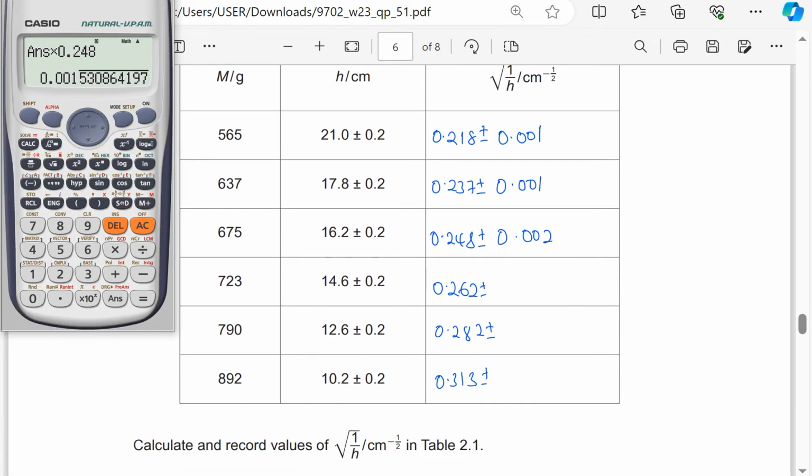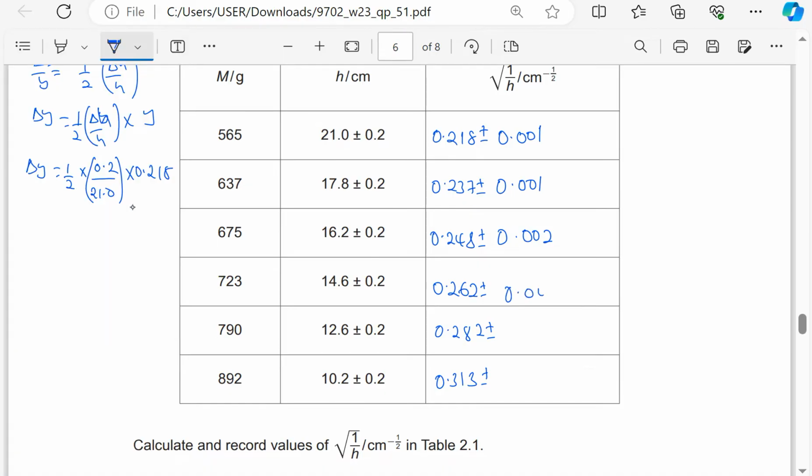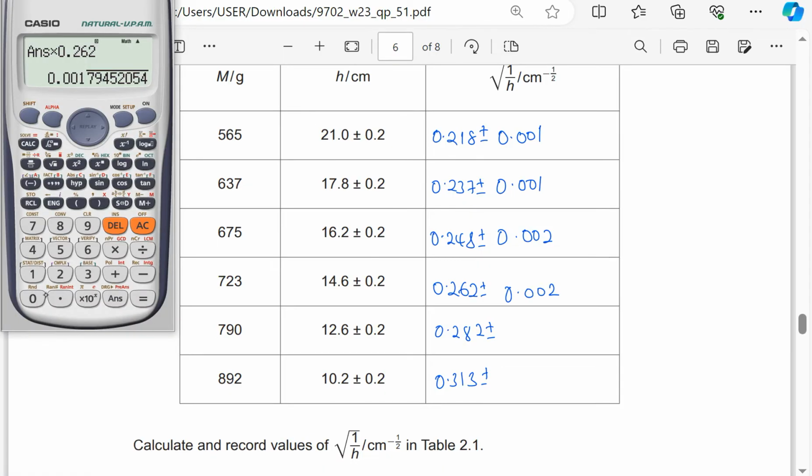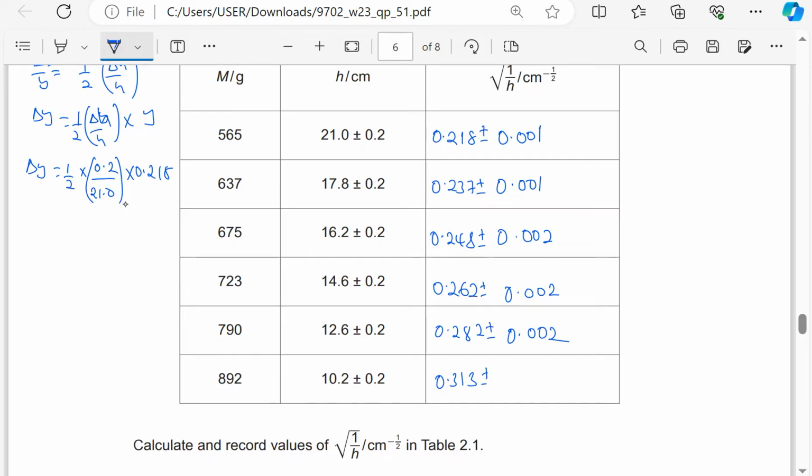The next one is 0.5 for a half times 0.2 divided by 14.6 times y, which is 0.262. So this is also 0.002. The next one is 0.5 for a half times 0.2 divided by h, which is 12.6, then times 0.282, which gives us 0.002.